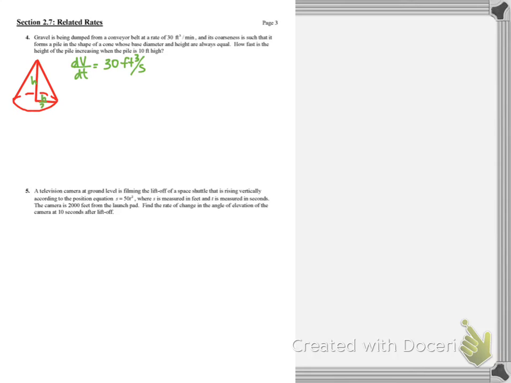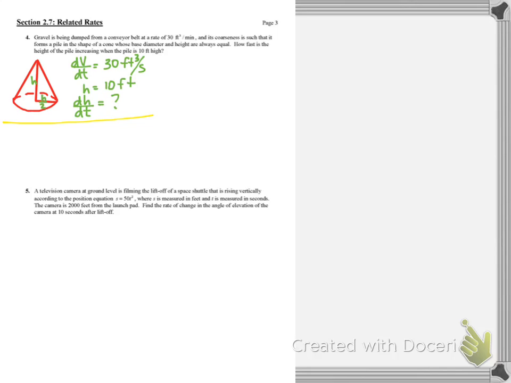So if my height is h, then my diameter of the base would be h as well. So the radius would be h over 2, which is what I drew on the diagram. They also ask me when the height is 10 feet. They want to know how fast the height, so dh/dt, is increasing.